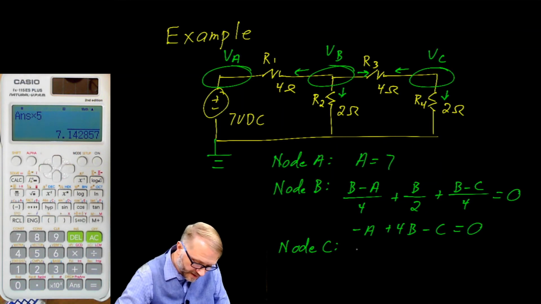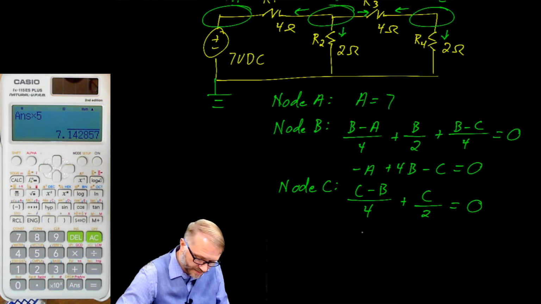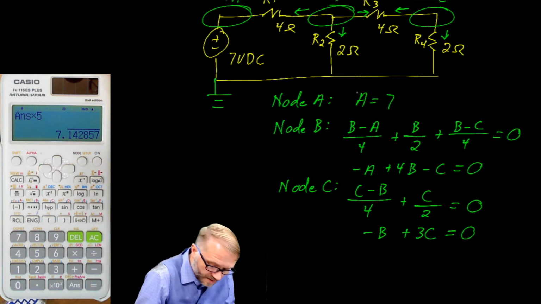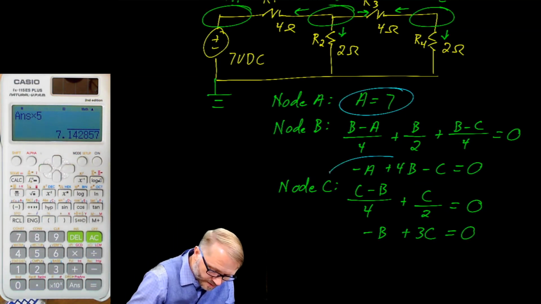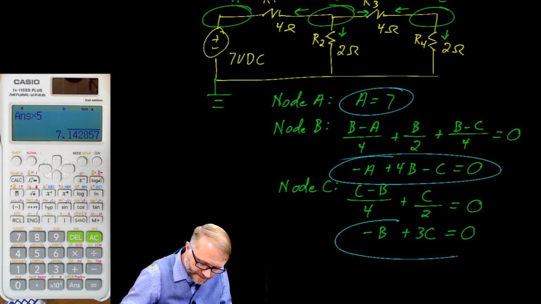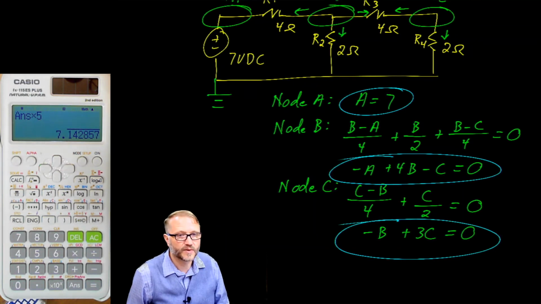So that would be C minus B over 4 plus C divided by 2 is equal to 0. And simplifying that, we end up with negative B plus 3C is equal to 0. There's one equation, two equations, three equations with unknowns A, B, and C.